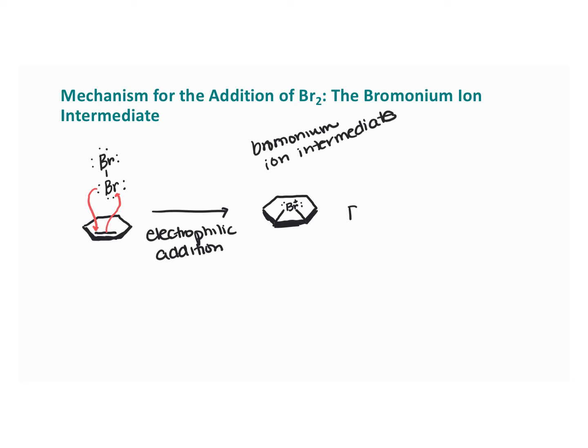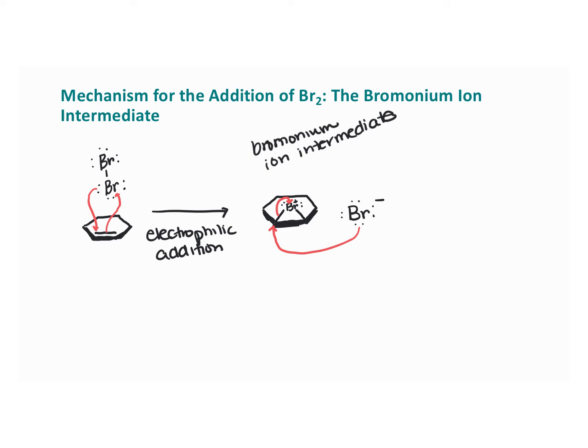Okay, and what happens is another bromine comes in and attacks, and it can attack from either carbon. This is symmetric. Right, I might have it attack over here, and these electrons go up there.